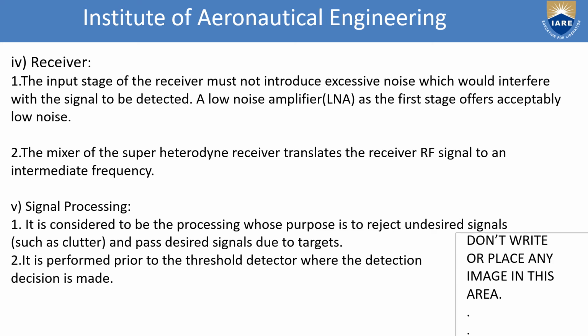Signal processing. It is considered to be the processing whose purpose is to reject undesired signals such as clutter and pass desired signals due to targets. It is performed prior to the threshold detector where the detection decision is made.